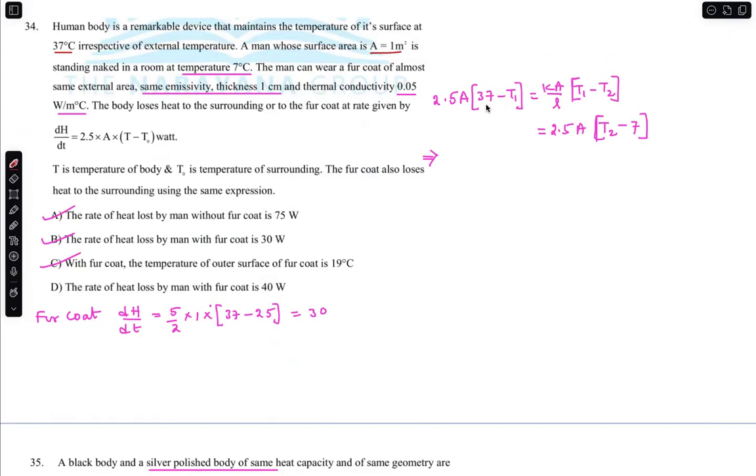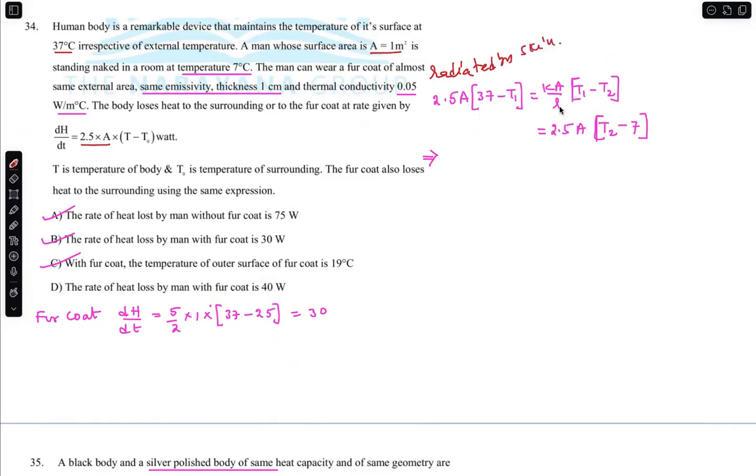Body temperature is 37, T1, and you said 2.5A, some number. 2.5A into 37 minus T1 is what is radiated by the body, by the skin.